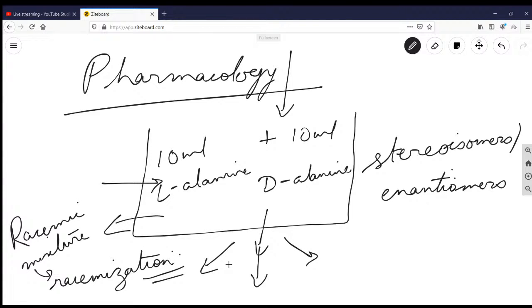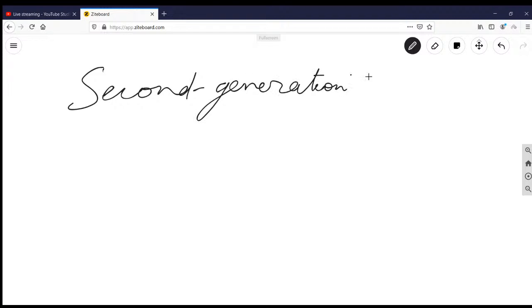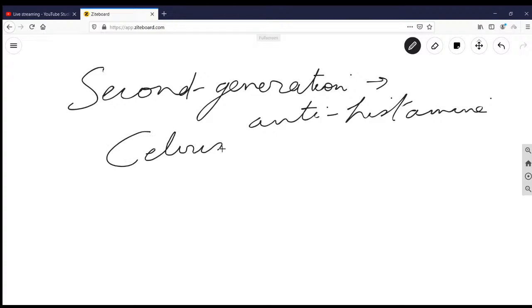Now take the levocetirizine that we take, the third generation antihistamine drug. The second generation one was cetirizine.